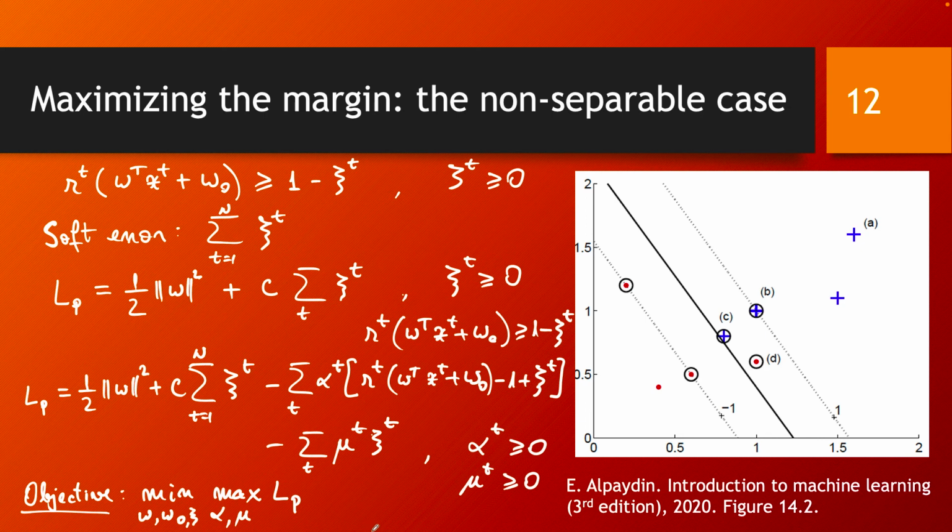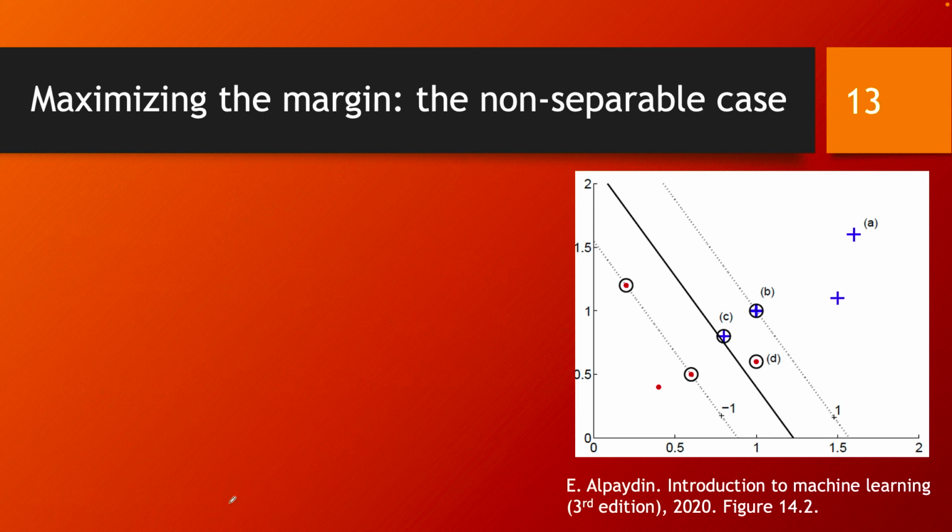And that's going to open the door to us to introduce the partial derivatives of LP with respect to W and W0 and get some extra conditions from there, and then plug them into this Lagrangian and think about the maximization by alpha and mu.